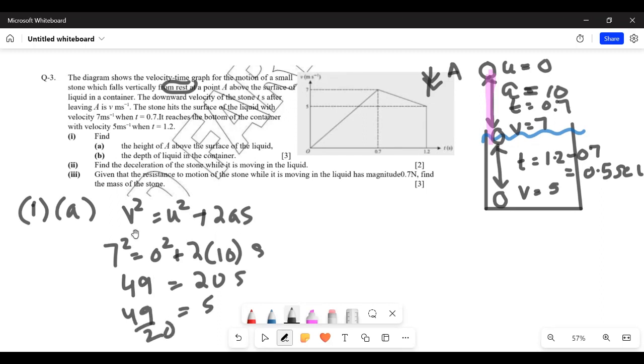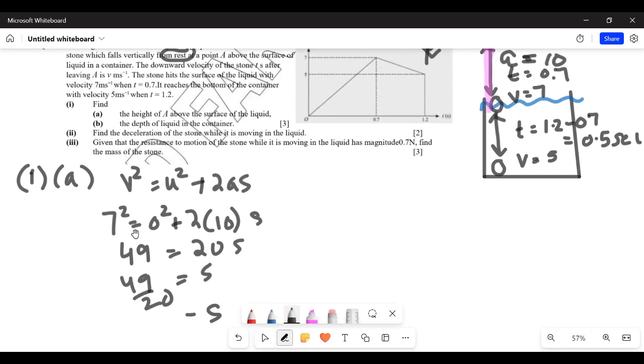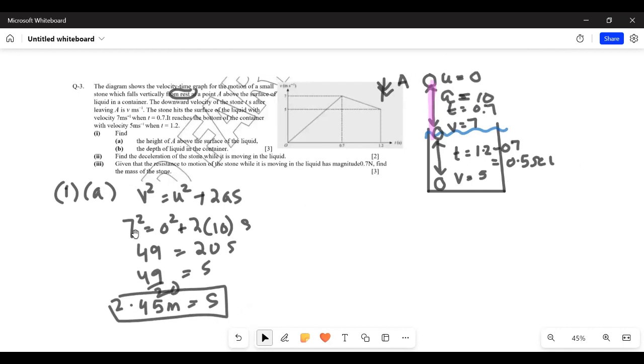Let me check the answer. 49 divided by 20 is 2.45. Yes, so s equals 2.45 meters. So the distance between A and the top surface of the water is 2.45 meters.